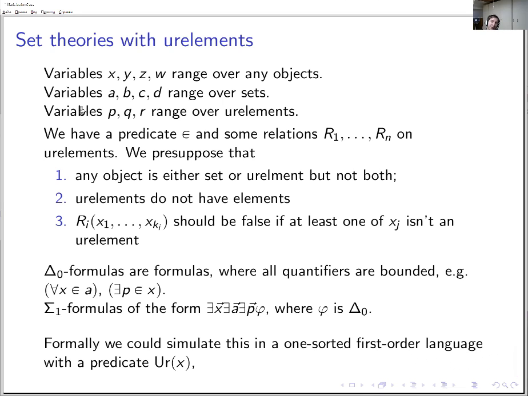Quantifiers over arbitrary objects are translated as usual quantifiers. Quantifiers over sets are interpreted as quantifiers over x such that x is not an urelement, and quantifiers over urelements are interpreted similarly.